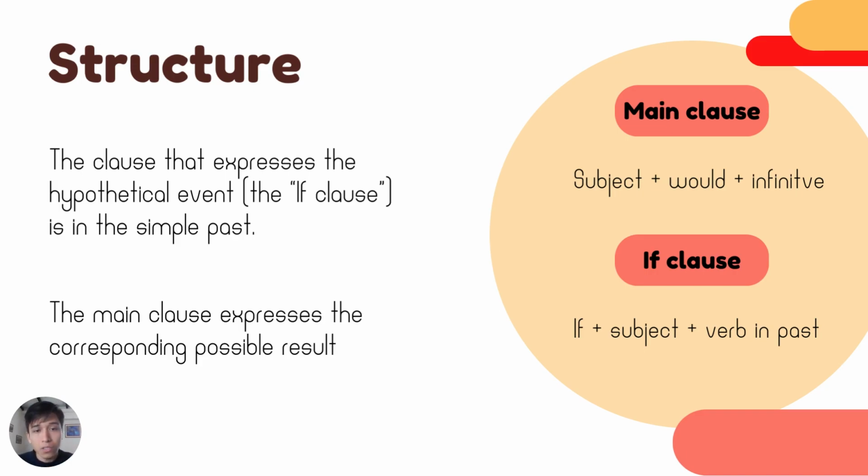So in the main clause, we will have the subject first, then would, and obviously because of a modal, the infinitive. While in the if clause, we will have if obviously first, then the subject, and finally the verb in past.